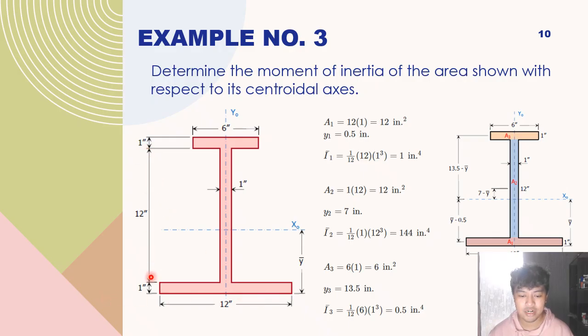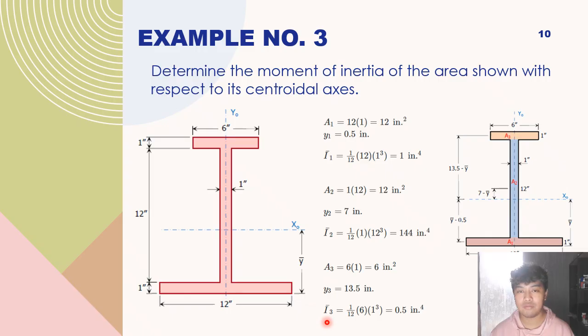So we have here 1 inch and then 12 inches, so that is 13, and then half of the remaining 1 inch is where our centroid is located. So that means we have 13 plus 0.5, so we have 13.5 inches.